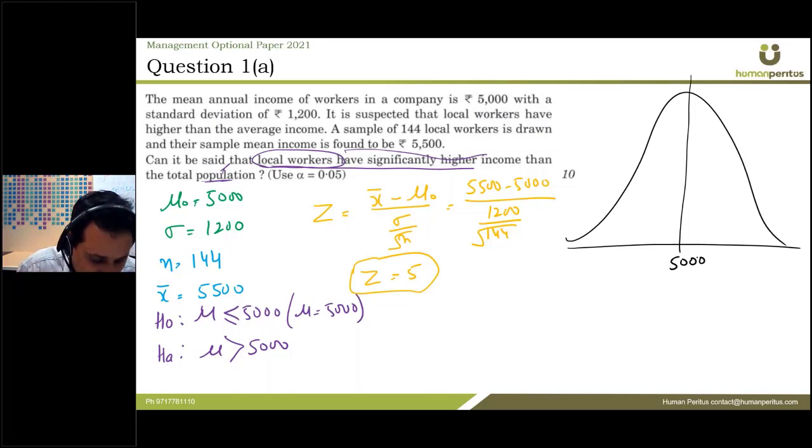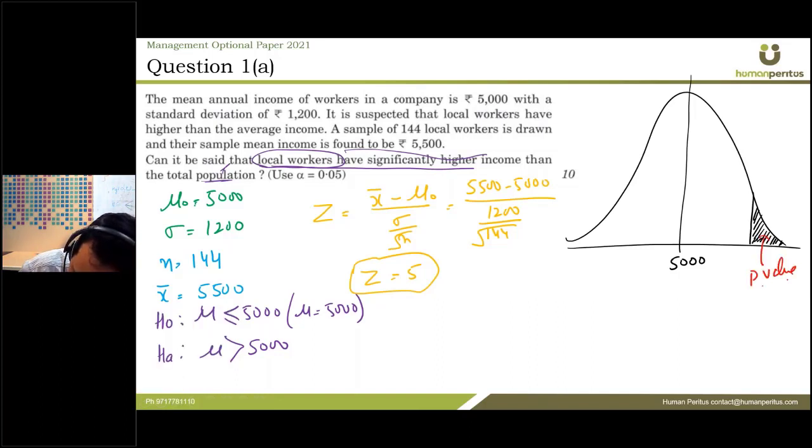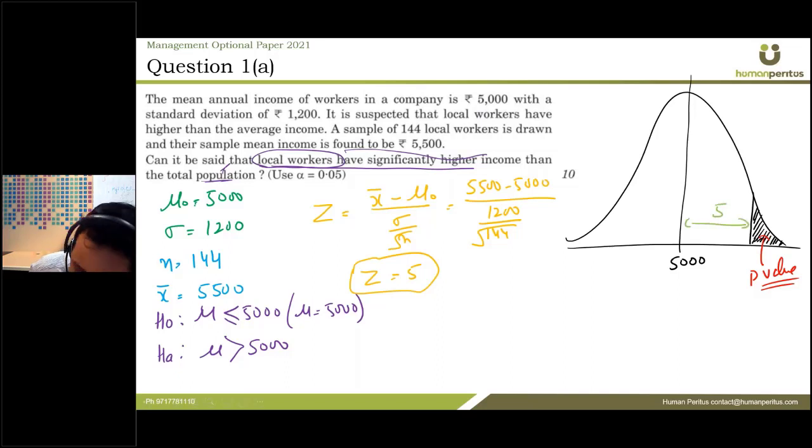I have to find, for 5,500, what is the area of the shaded portion. This area of the shaded portion will become my p value, such that my Z is 5. So this Z is 5 standard deviations.